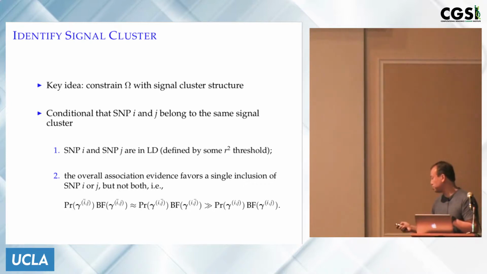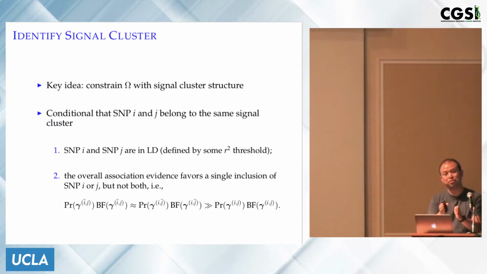So this part is similar as before. But the prior here, remember we have an independent prior. Every time you label a SNP as included, you're going to multiply by that prior. The prior is a penalty, right?